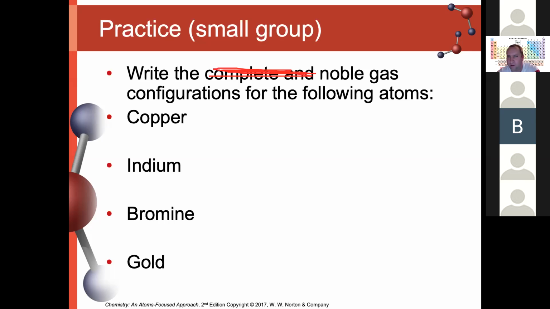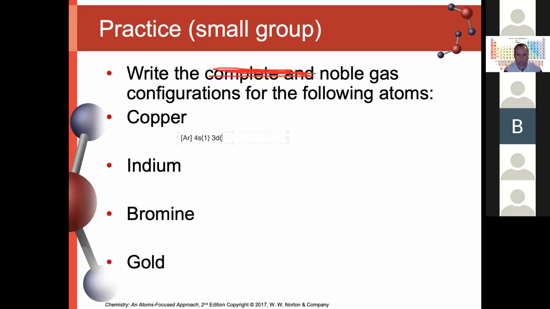So 29. It'll be 18. It'll be... was it 9? D9. So everything else the same, but it'll be D9.